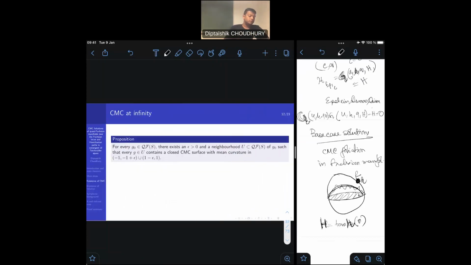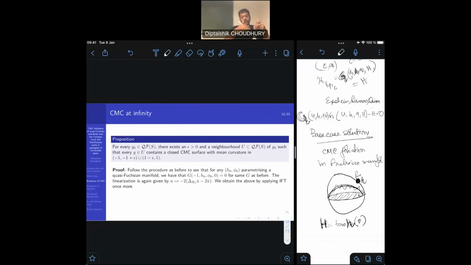Now the next part is what we had already from these results of Matthew, Packard and Quinn, which said that the ends of any quasi-Fuchsian manifolds are foliated by these CMC surfaces with the CMC value ranging in -1, -1 plus epsilon and 1 minus epsilon, 1. And the proof is exactly the same, where you write down the equation of an Epstein surface, and you write down the equation of the mean curvature.